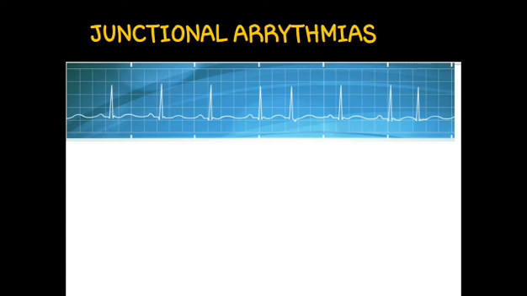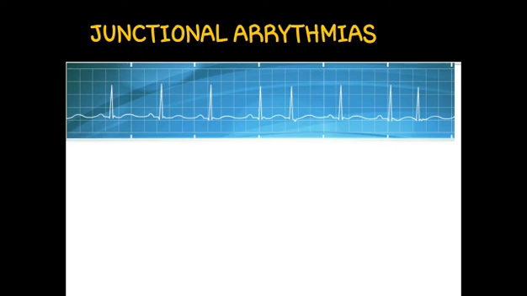So the hallmark characteristic of junctional arrhythmias is that there is an absent P wave or an inverted P wave. Okay, so these are the signs, the hallmark characteristics of junctional arrhythmias. So let's start with the first rhythm.